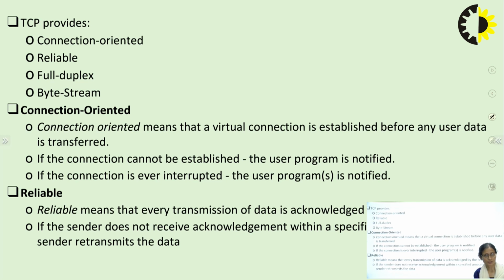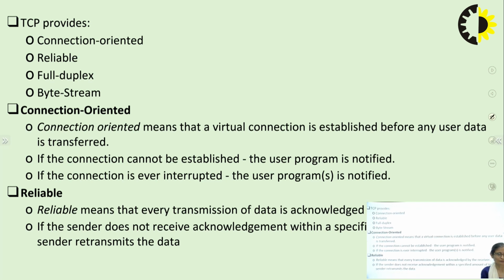If the connection is not established, then the user program is notified and no communication takes place. If the connection is ever interrupted, then again the user program gets a notification and no further communication takes place.